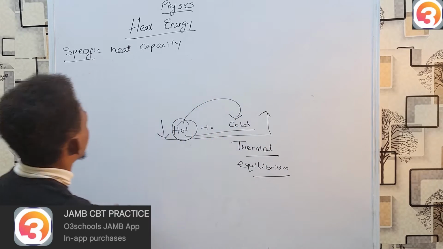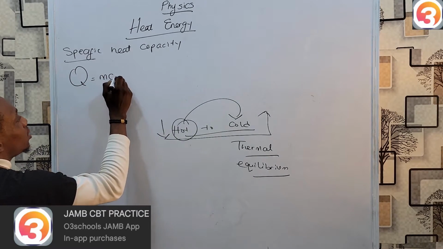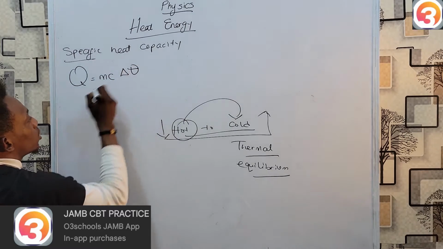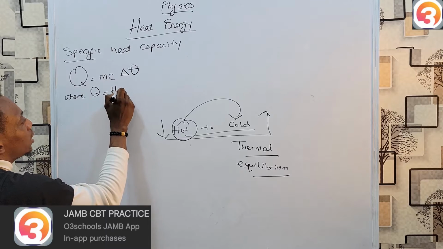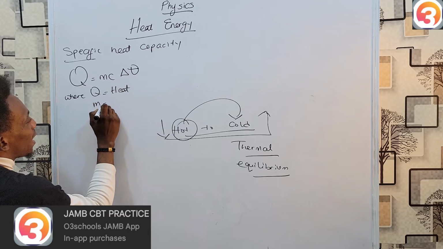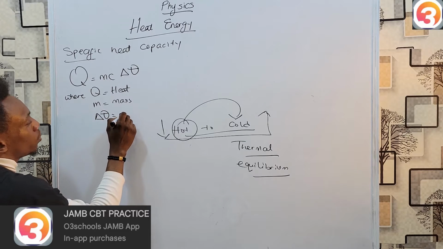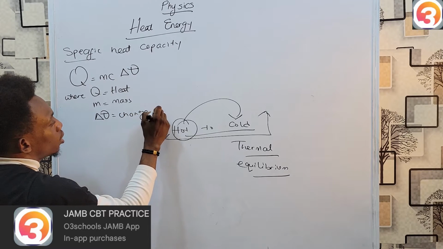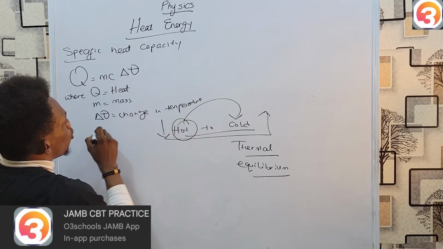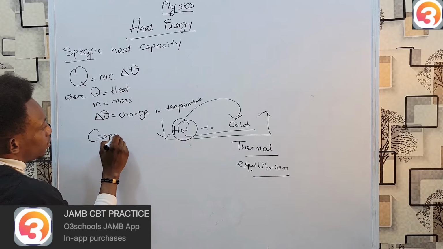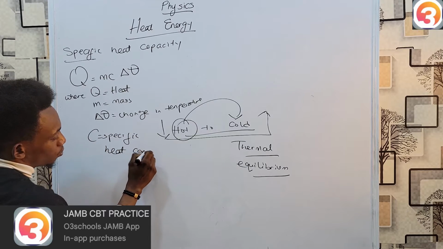Quite simply, mathematically speaking, heat Q equals mc change in theta, where Q is the heat being supplied, m is the mass, change in theta here refers obviously to change in temperature, while c is the specific heat capacity.